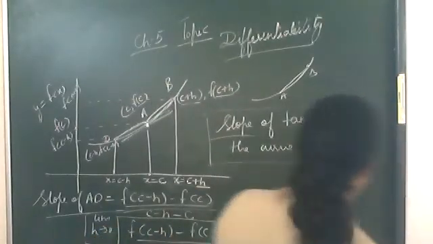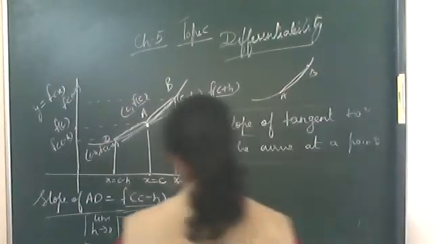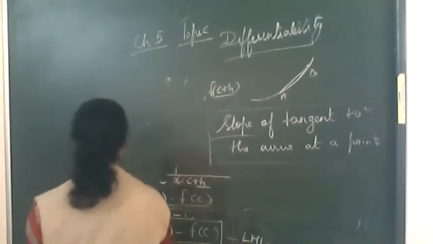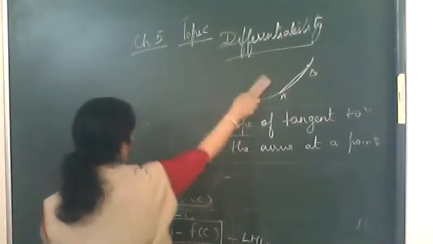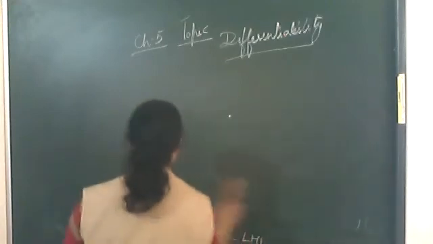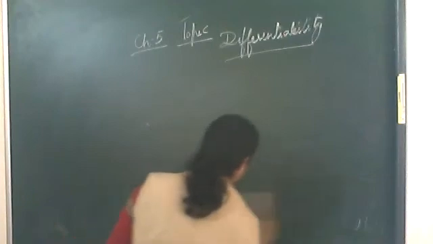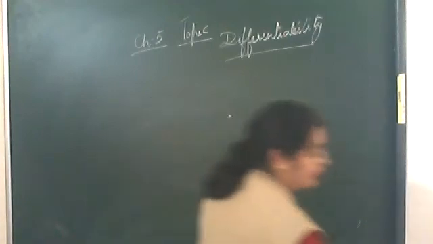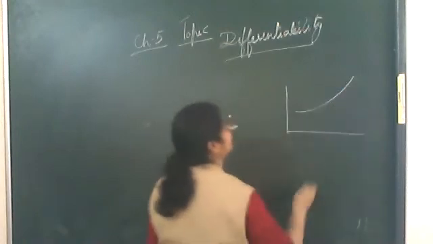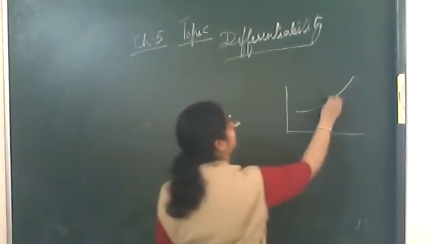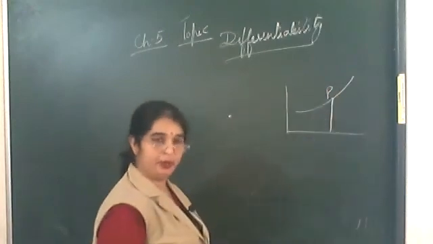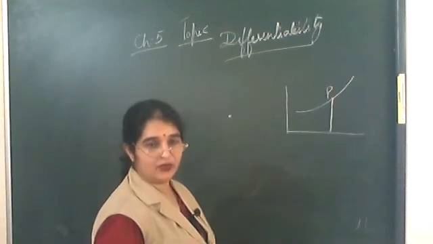Now, one more theorem we will take. If a function is differentiable at a point, then it will be continuous at that particular point. Geometrically, just see here, if we have this curve and the function is differentiable at this point P, then obviously it will be continuous.